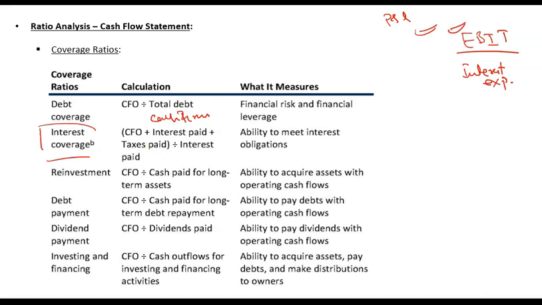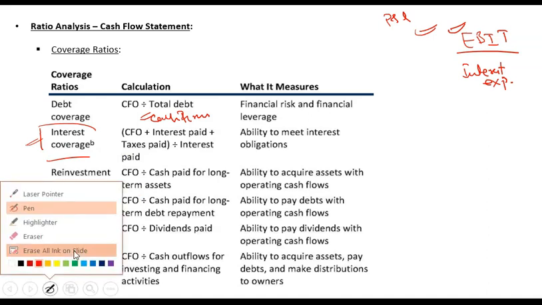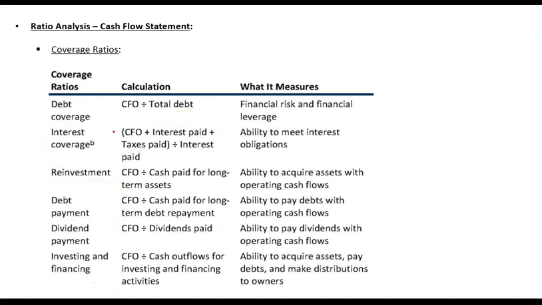This will tell you whether earnings are available or not, and this will tell you whether cash is available or not, and both the ratios are important. The ratio with respect to cash is more important because even if earnings are there but cash is not there, there is a problem.